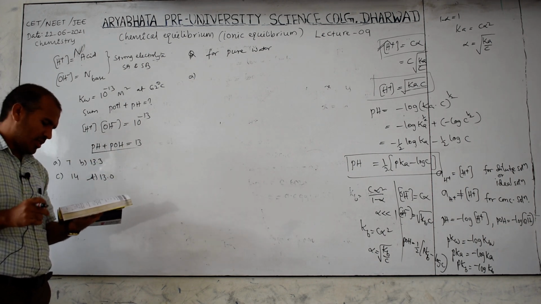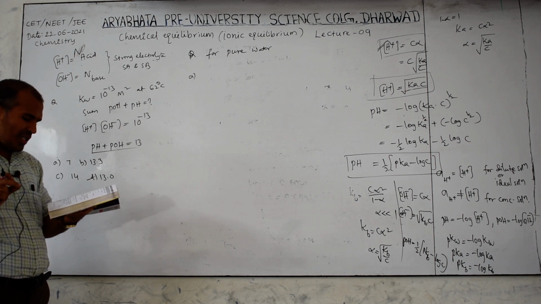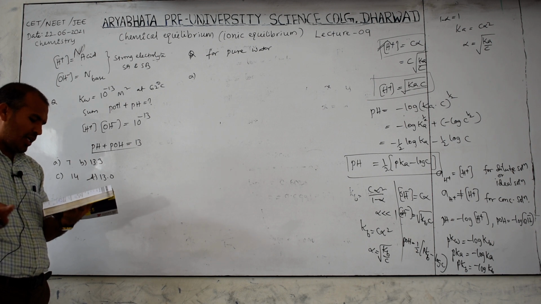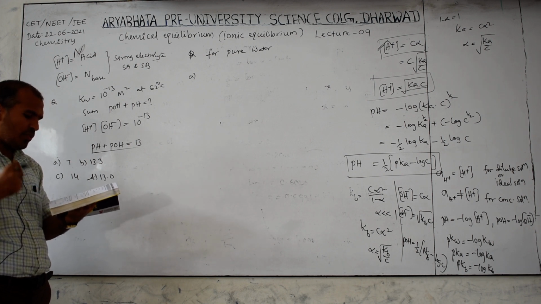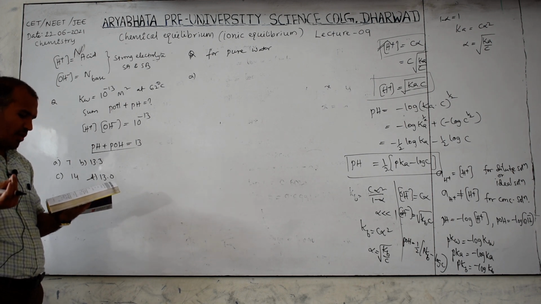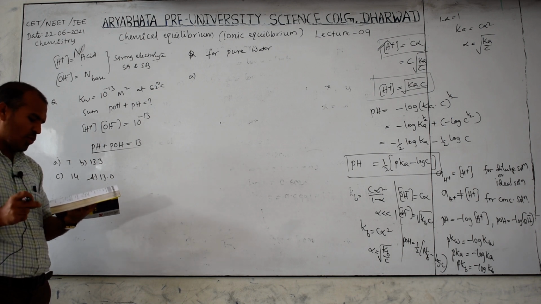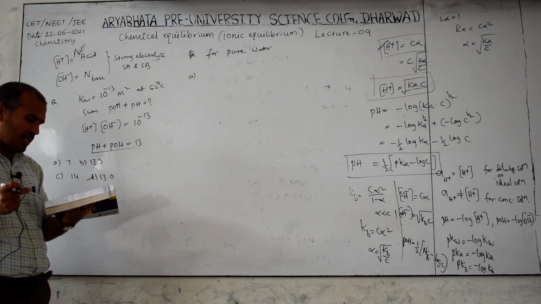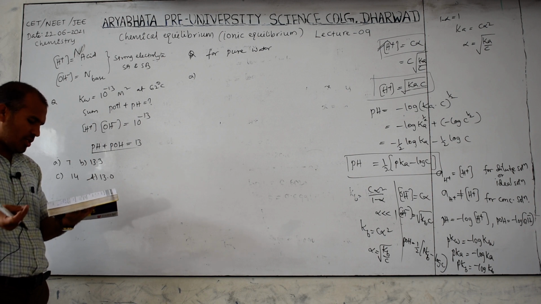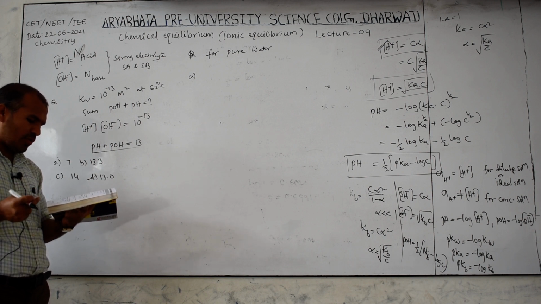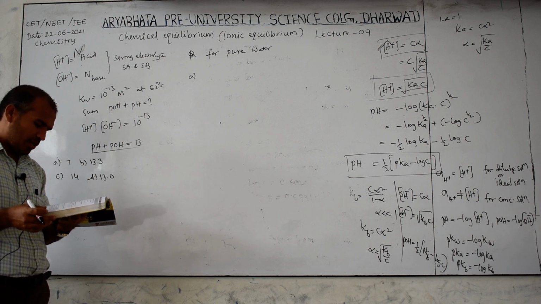Based on that you have to answer. B: pH decreases while POH increases with rise in temperature. C: both pH and POH decrease with rise in temperature. D: both pH and POH increase with rise in temperature.